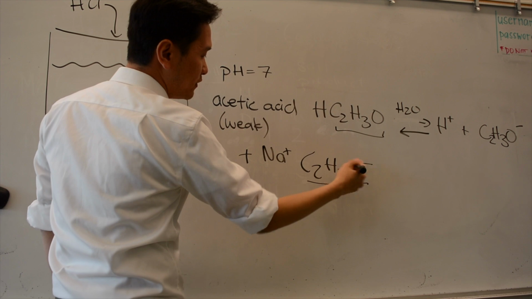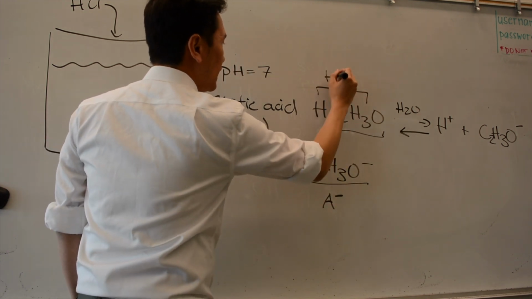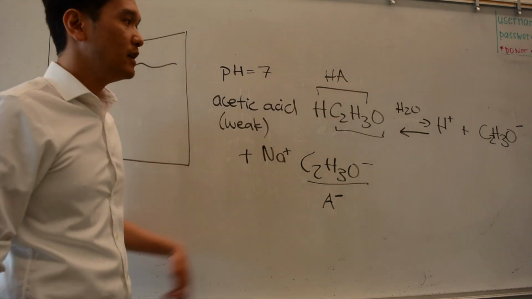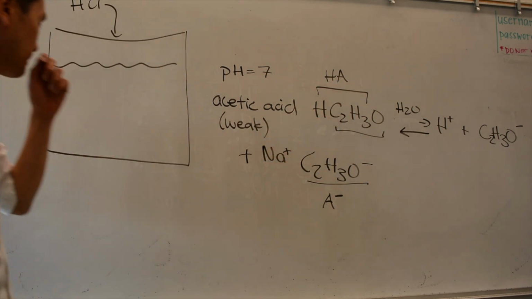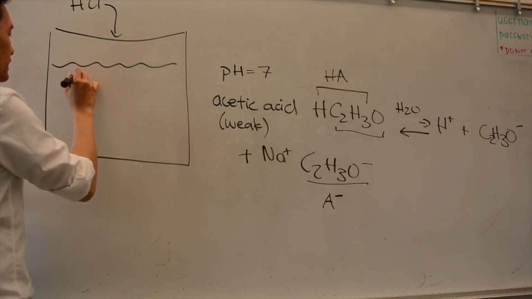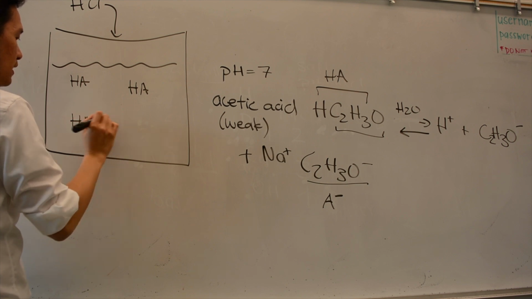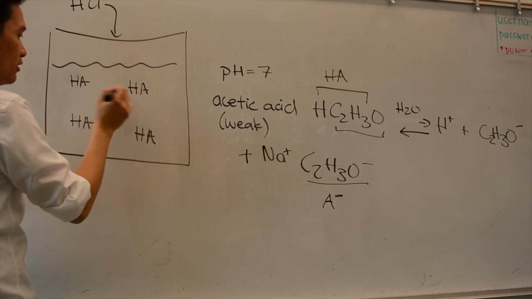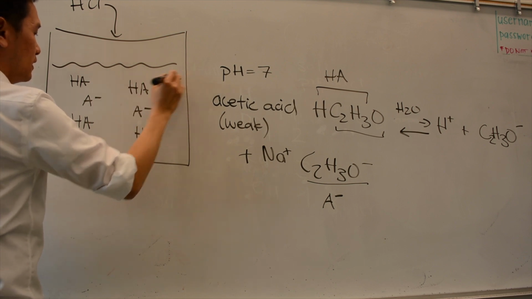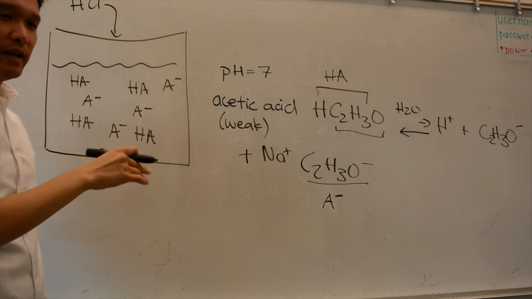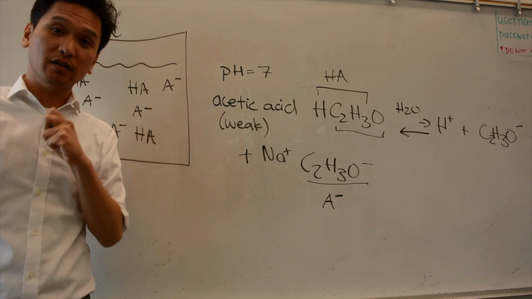I'm going to now abbreviate this as A minus and this as HA for convenience. HA for acid, A minus for its conjugate base. If we have a bunch of HAs in solution and an equal amount of A minus in solution, would this solution still be neutral?